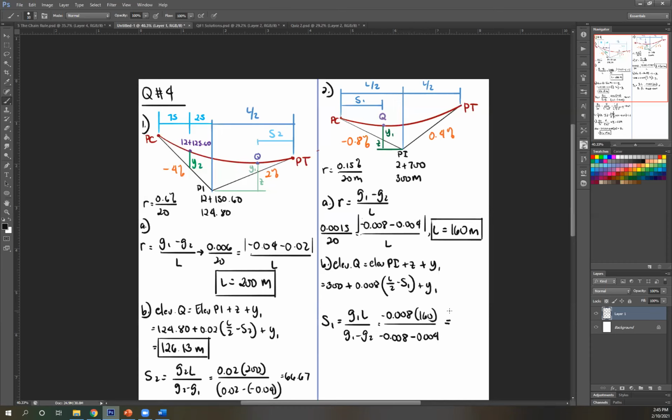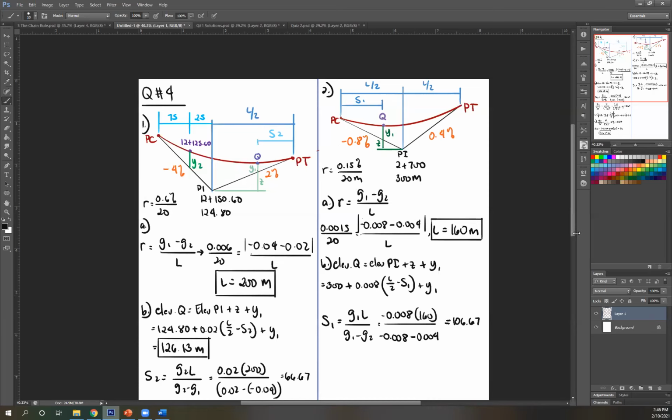Okay, computing for that, I think we get 106.67. Okay, store that value. Then you can use it here. Next.